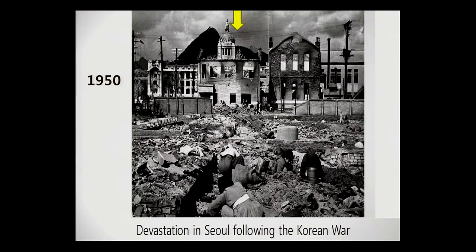And then let me show you this picture taken right after the Korean War, 1950. If you look at the Capitol building here, it's almost all destroyed, with very poor people in front. And then I'd like you to look at the mountain indicated by the yellow arrow.